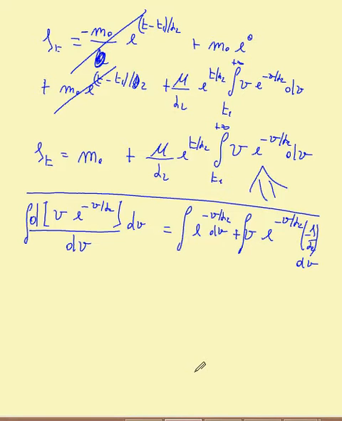It's between t1 and plus infinite. Okay? So the first part simplifies in such a way and becomes v e to the power of minus v over alpha 2 between t1 and plus infinite. This is the first part.